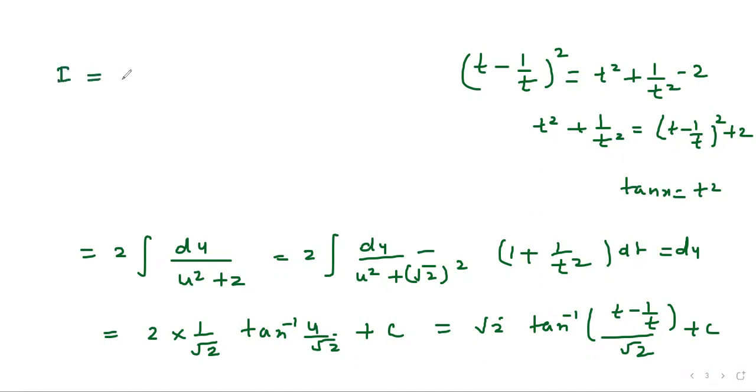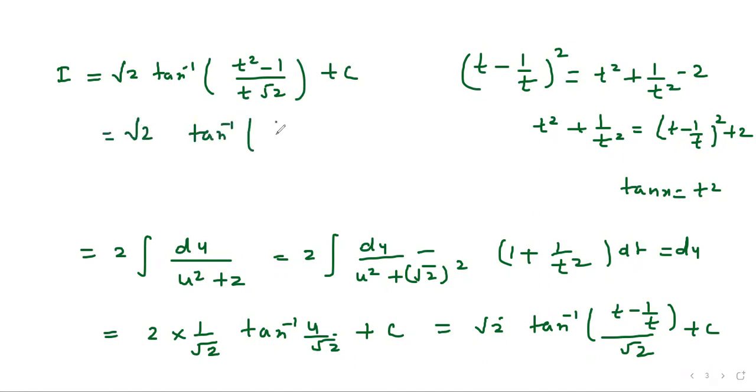So I will be equal to root 2 times tan inverse of t square minus 1 upon t times root 2 plus c. So root 2 tan inverse of tan x minus 1 upon root 2 tan x plus c, which is our answer.